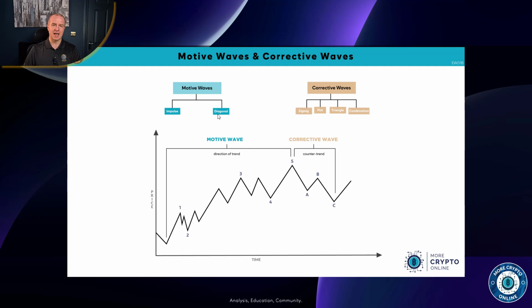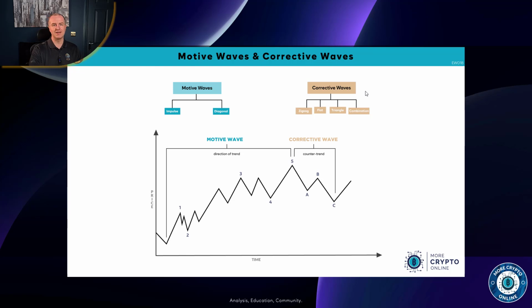We don't want to talk about diagonals today; this is something we're going to do in future videos. We also don't want to take a look at corrective waves today, but we'll take a quick look. Corrective waves can be categorized into zigzag corrections, flats, triangles, and combination patterns. But essentially, what I want you to understand is there are motive waves and corrective waves.